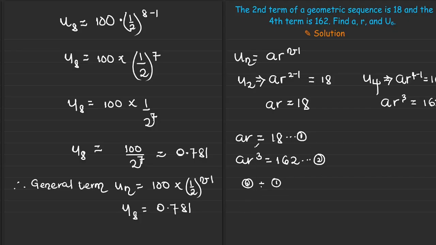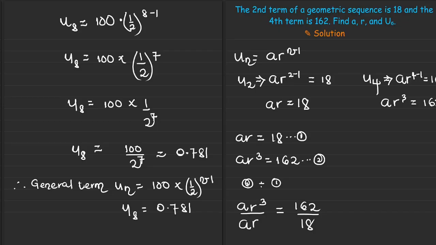That is to say, for the left-hand side, AR to the power 3, let me divide it by that of equation 1. And we have to do the same thing for the right-hand side, so that is 162 all over 18.